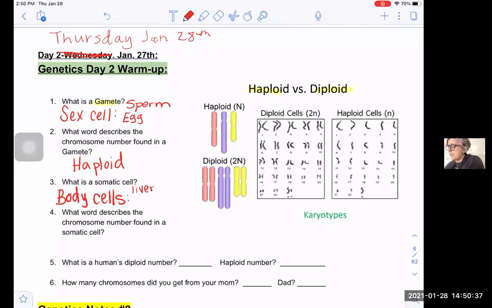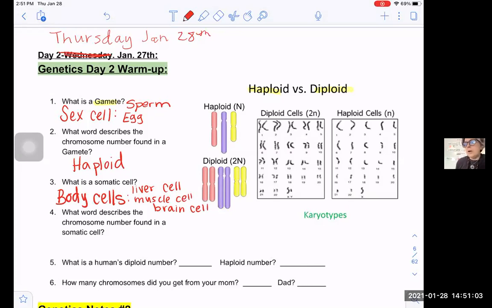I'm just going to give you some examples. Liver cell, muscle cell, brain cell. We could keep listing cells like all day. There's so many different types of cells. But a somatic cell is just any other cell in your body that's not an egg if you're a female or a sperm if you're a male.